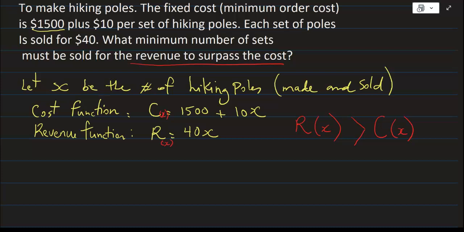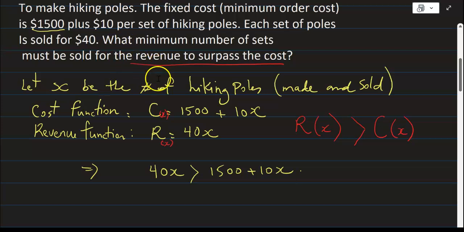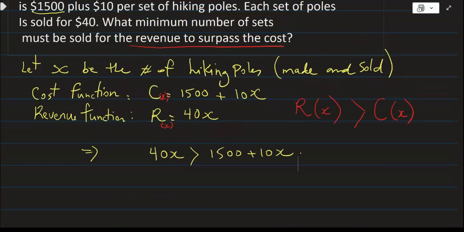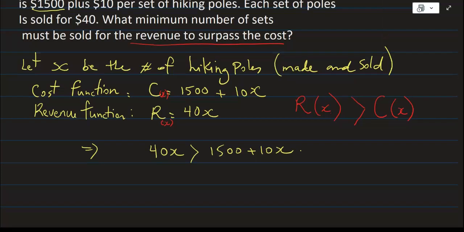Now let's rewrite this. R of x is 40x, and we want to know when 40x is greater than 1,500 plus 10x. So now we're going to solve this inequality. Let's start by subtracting 10x from both sides of the inequality.